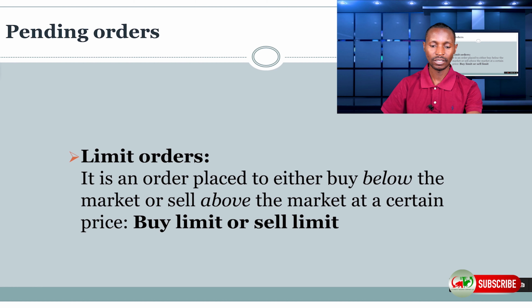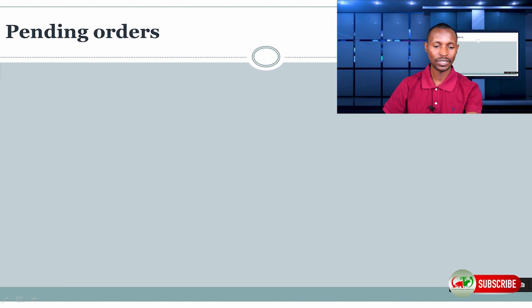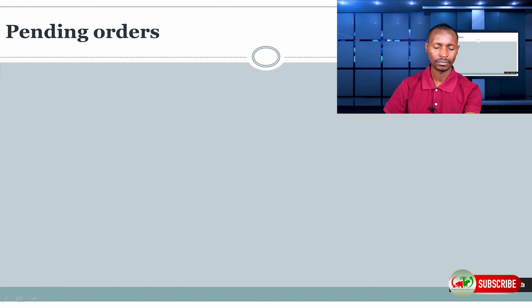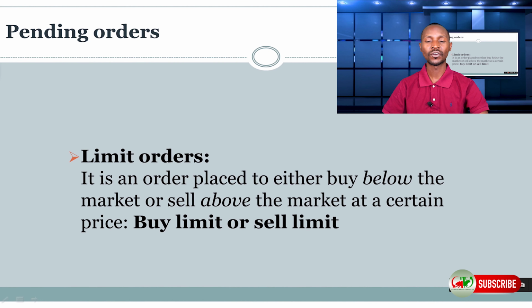There are what we call limit orders. A limit order is a type of pending order, placed either to buy below the market or to sell above the market at a certain price.